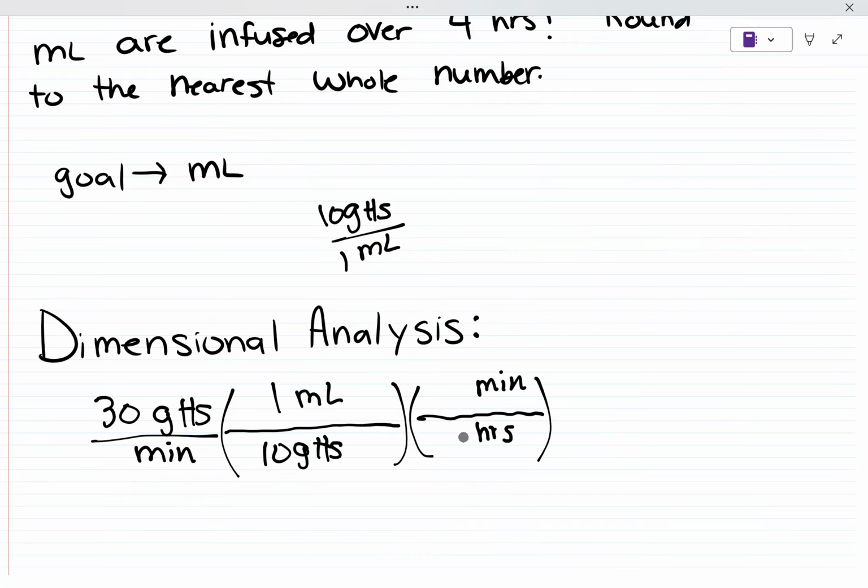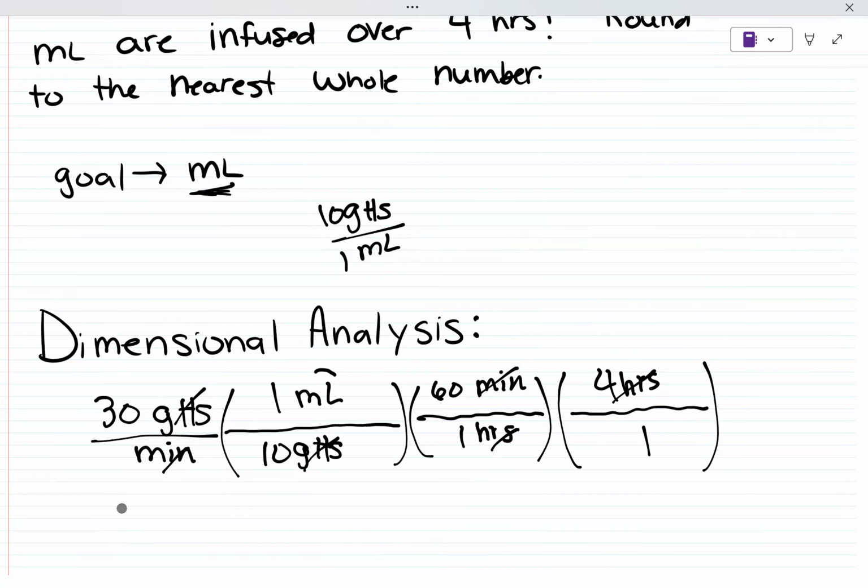Now we have a problem: our final answer should be only in milliliters, and I still have hours. They're asking how many milliliters are infused over 4 hours, so you put 4 hours on top and an invisible 1 on the bottom. As you can see, the hours disappear, the minutes disappear, the drops disappear, and you're just left with milliliters.